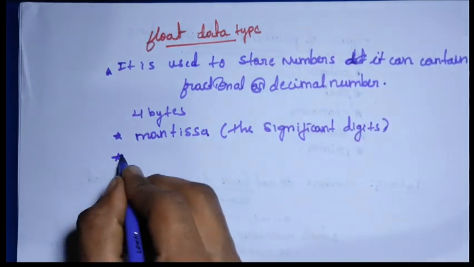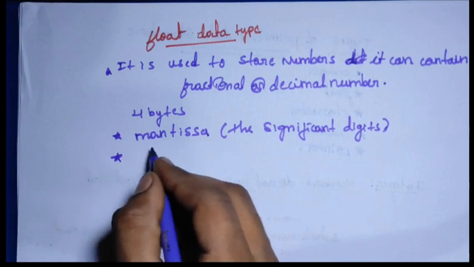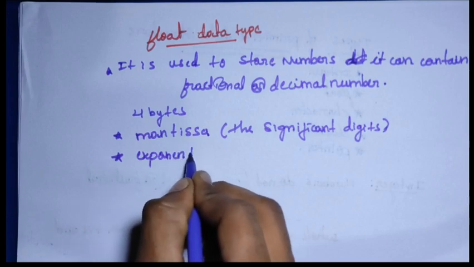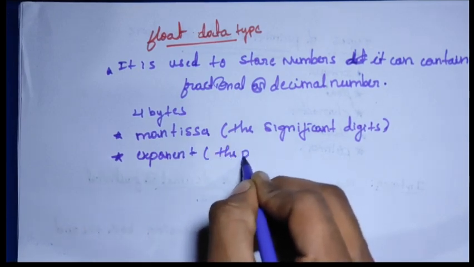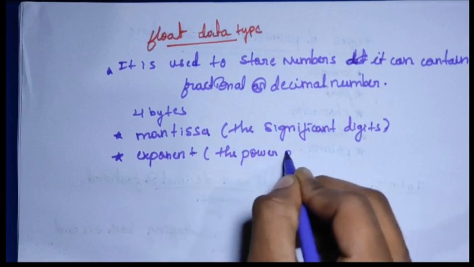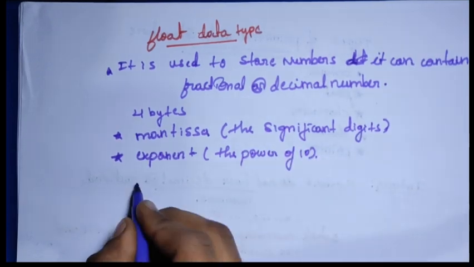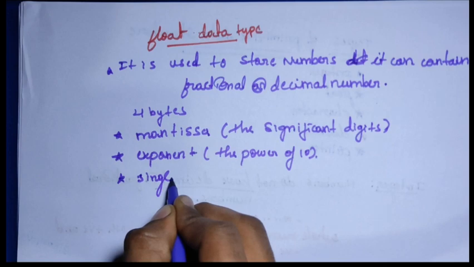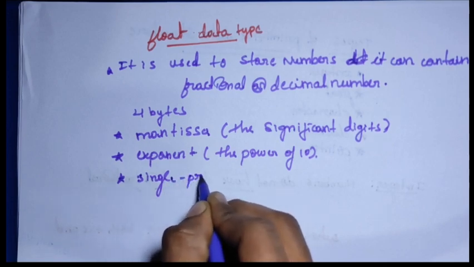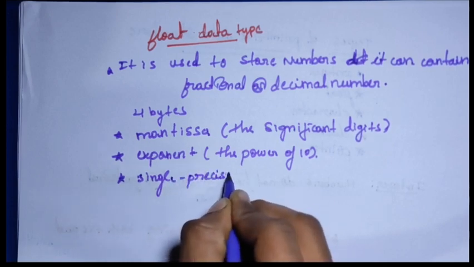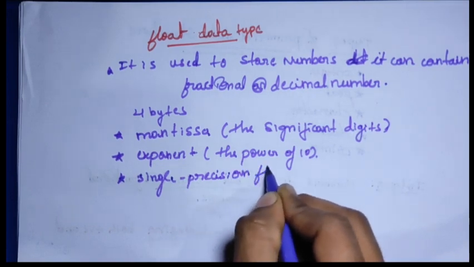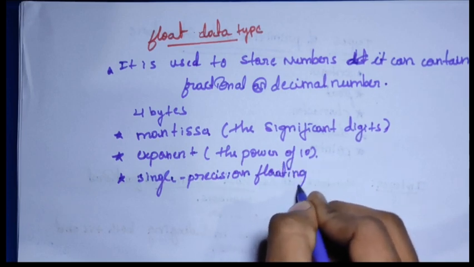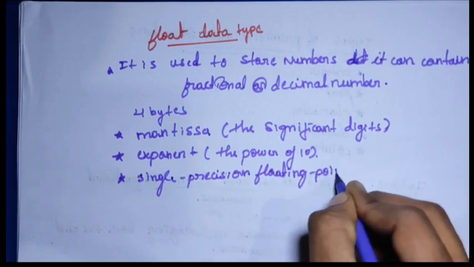Next, it is also used to store the exponent. Exponent means the power of 10. And float is used to represent the single precision floating point format.